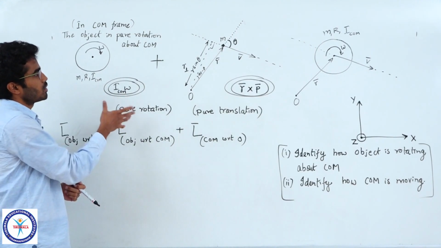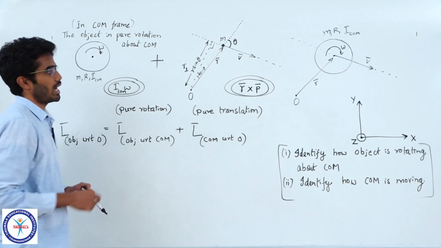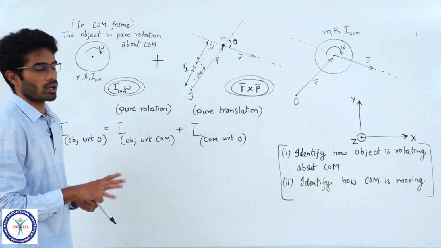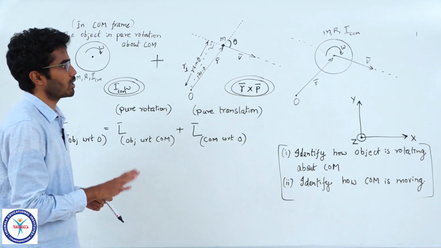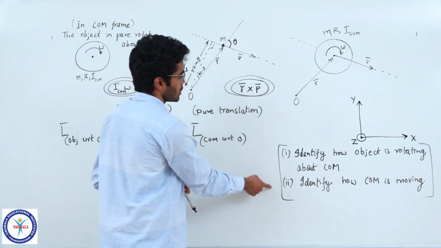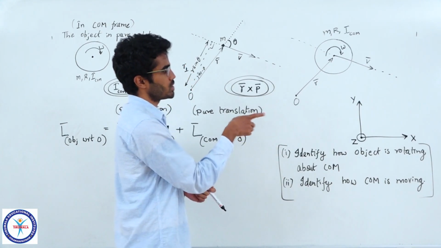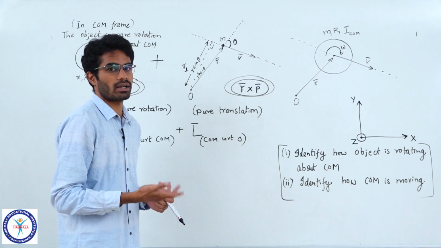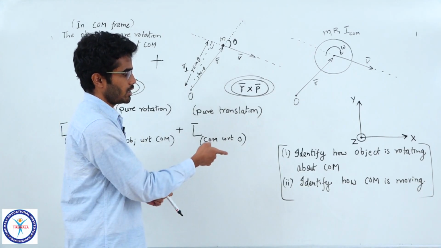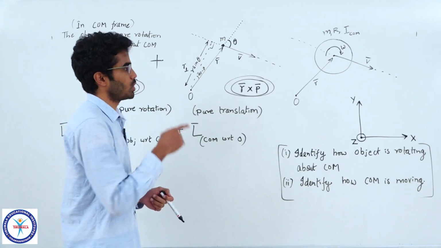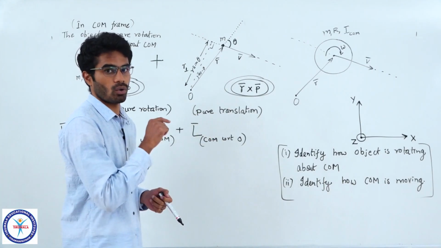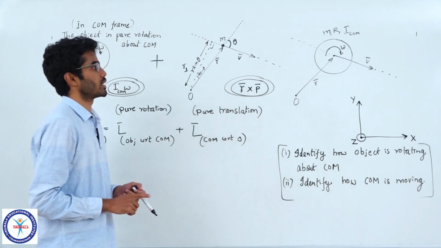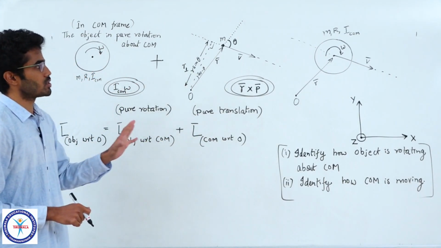So, we write the angular momentum expression in both cases and we add them. The important things to note here are these 2 points. First, identify how the object is rotating about the center of mass, the sense, whether it is clockwise or anti-clockwise, and identify how the center of mass is moving. You have to pick the line along which the center of mass is translating.